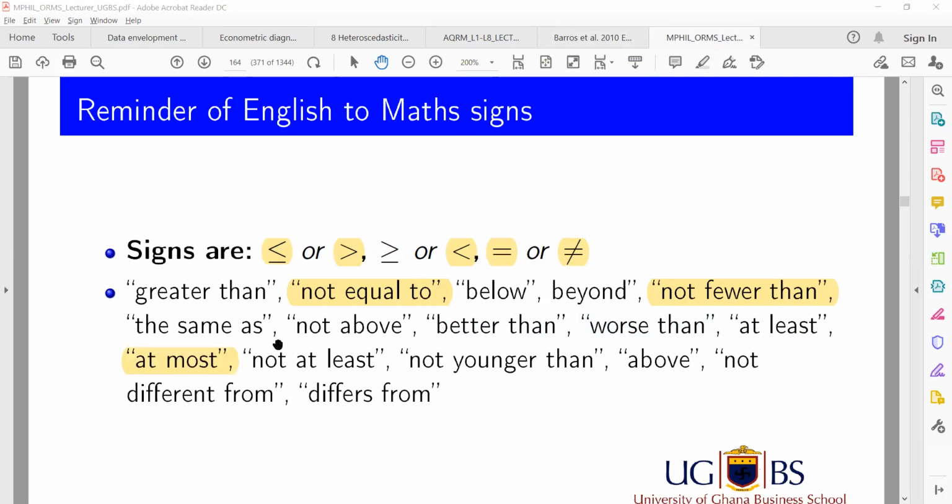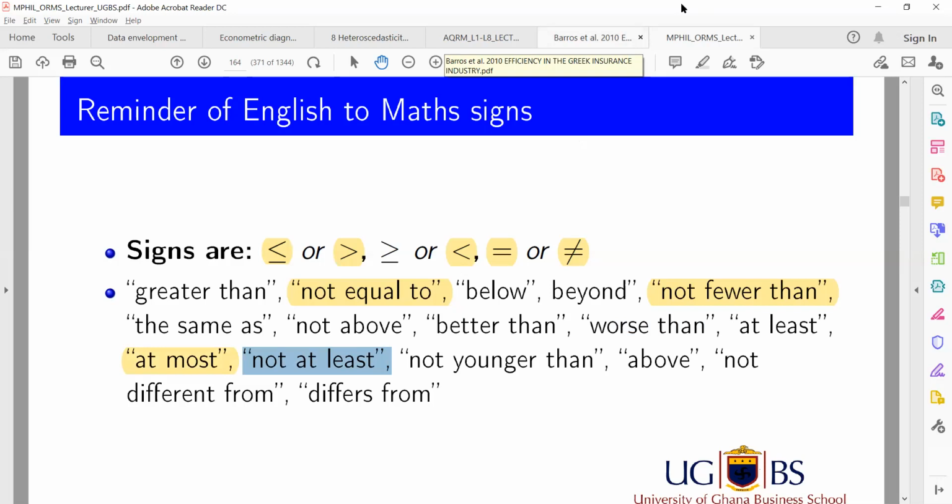Now be careful with this one. What is not at least? I've shown you how to deal with a not. Deal with the word first before you deal with the not. Not at least. Greater or equal to is wrong. Less than or equal to is wrong.